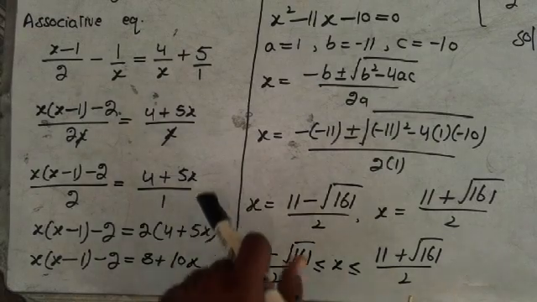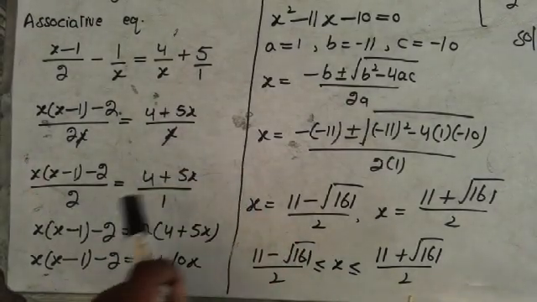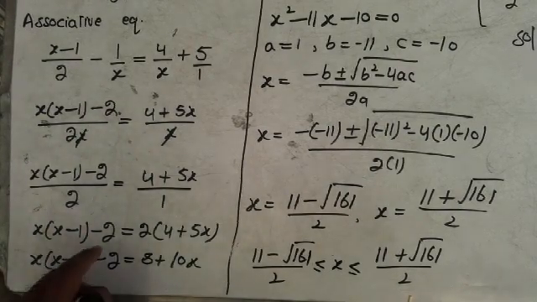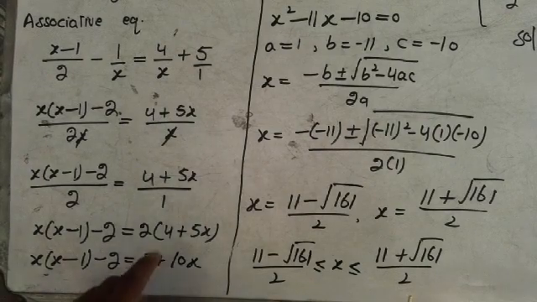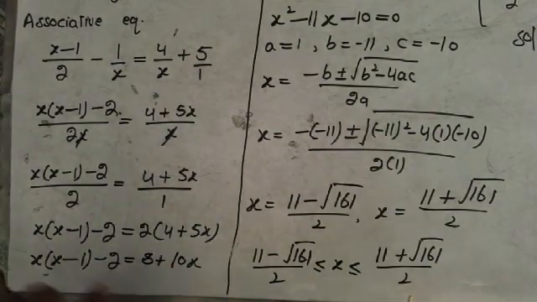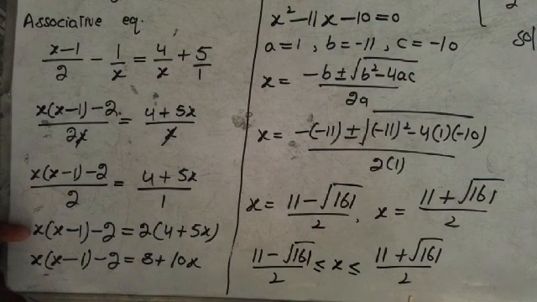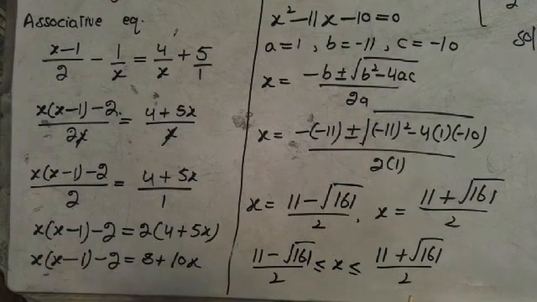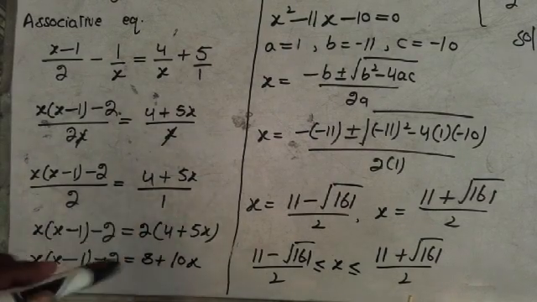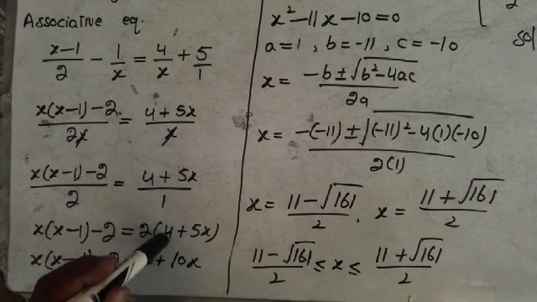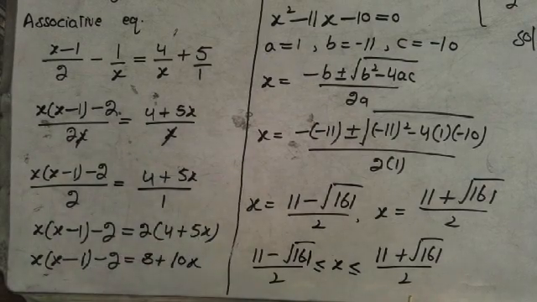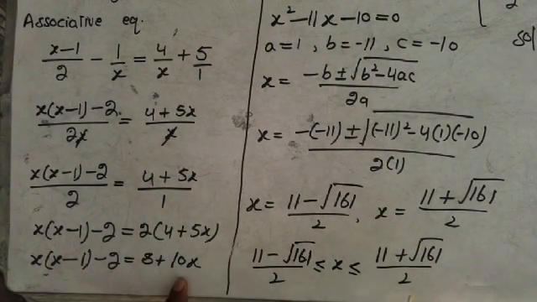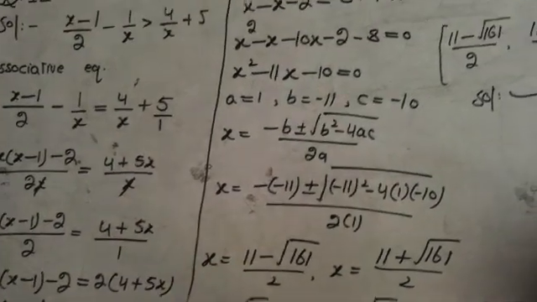And when this term is multiplied with 2, the equation becomes x into (x minus 1) minus 2, which is equal to 2 into (4 plus 5x). On this side, we will multiply the 2 with 4 and with 5x. 2 4s are 8, 2 5s are 10.